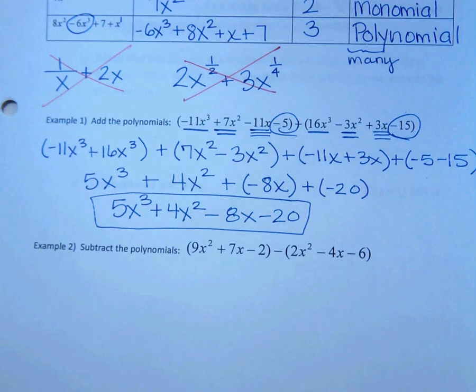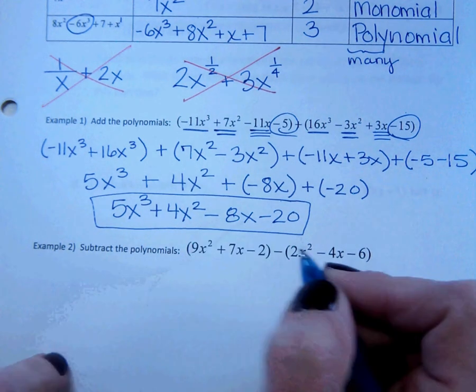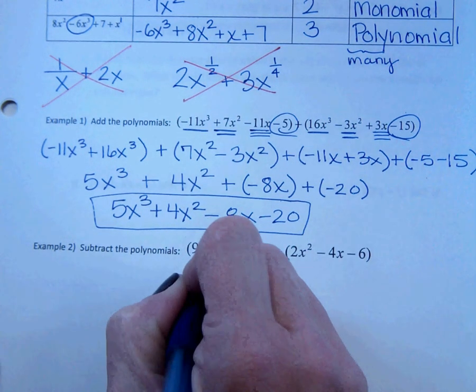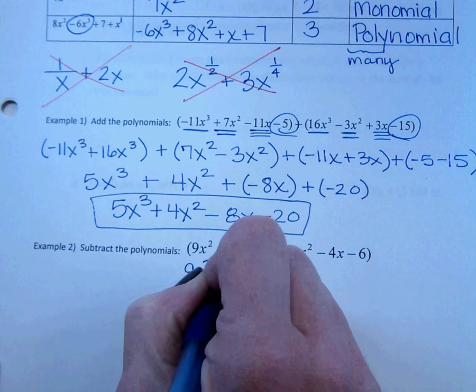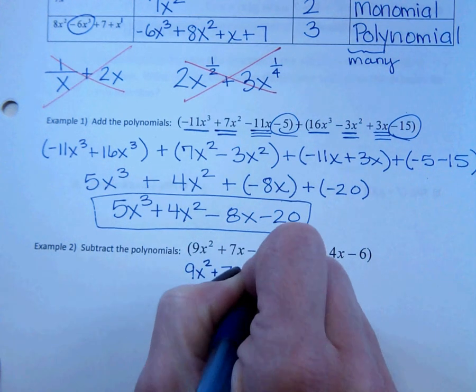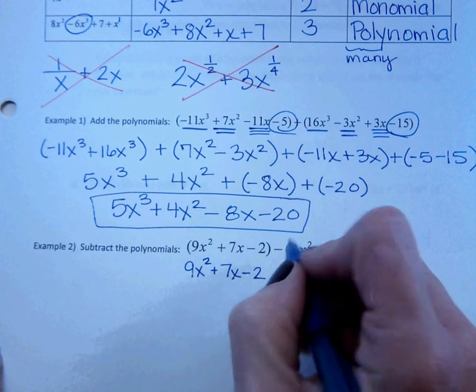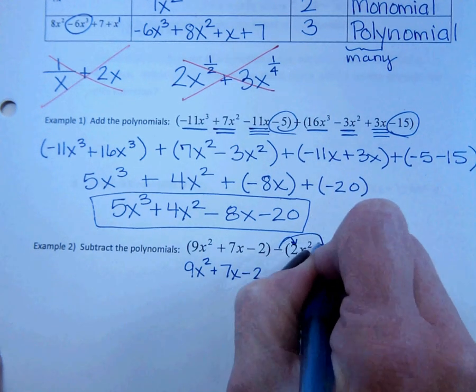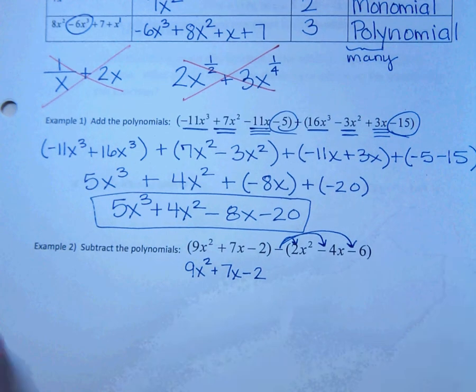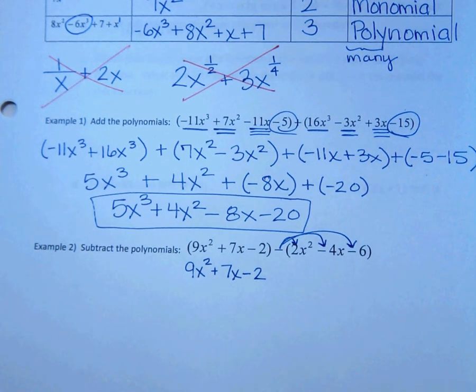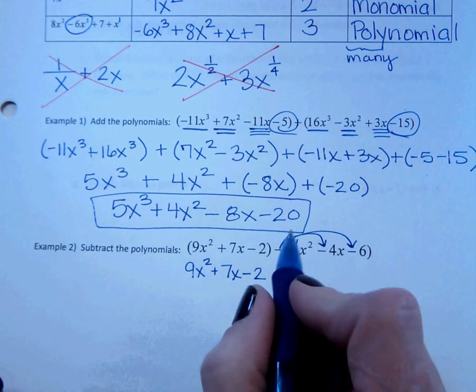All right, let's look at number 2. Let's subtract. The first thing I'm going to do is rewrite this problem, because remember, when you're subtracting a number, that's the same as adding the opposite of a number. So really what's happening is this negative sign is getting distributed to everything inside that set of parentheses.